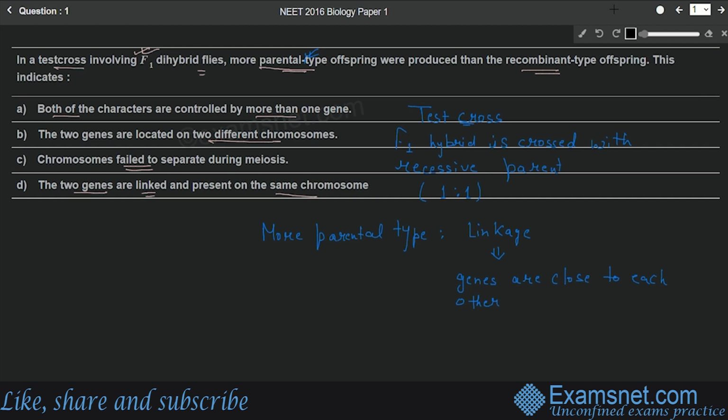Linkage means they are linked with each other and they must be on the same chromosome. So out of the given options, which should be the correct one? The last option. The two genes are linked and present on the same chromosome, then only they will show linkage, and in that case there will be more parental type than the recombinant type offspring. So option D is the correct answer.